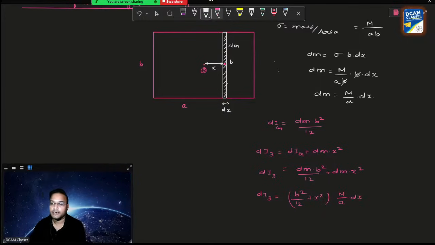Now let's integrate it. Can anyone tell me what my integration limits will be? I will be equal to the integral of dI3, m by a into b square by 12 plus x square into dx. What will be my limits?